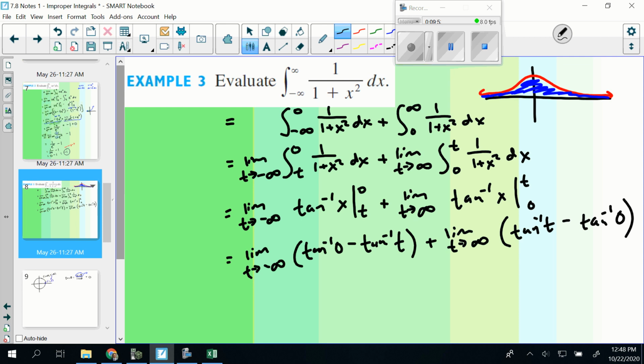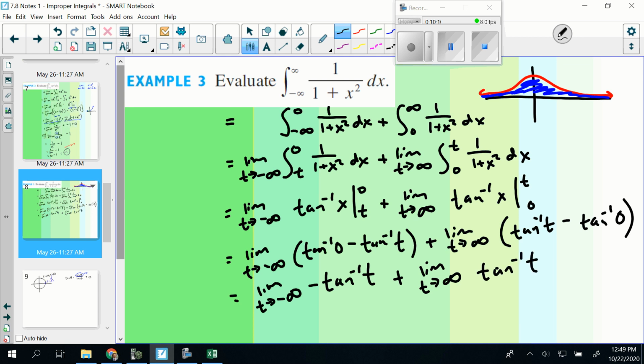So now this just turns into what's the limit as t approaches negative infinity for the opposite of tangent inverse at t, plus now this other one's limit as t goes to positive infinity, and again that one's going to evaluate to 0, so we're just looking at tangent inverse of t.